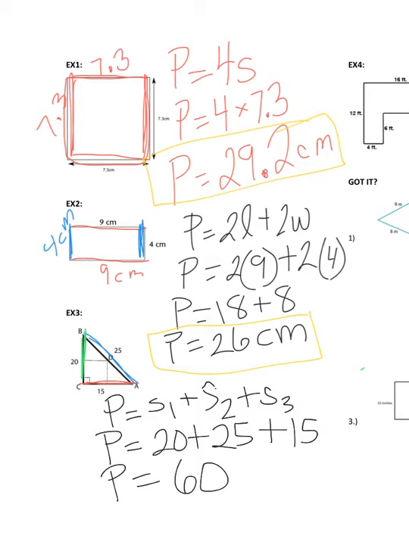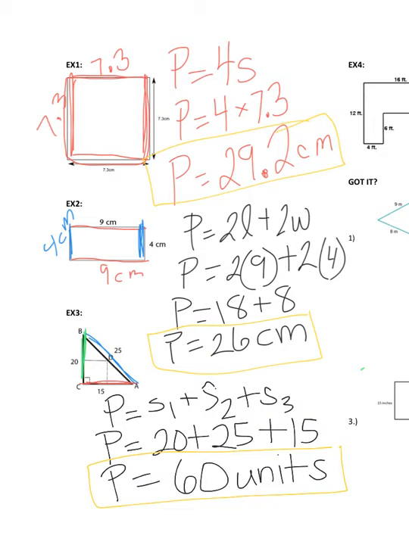So 60, but then there's no units. So keep that in mind, that if they don't give you an actual measurement system, then you need to go back and think about, well, we are measuring in units, so we just don't know the exact units. So in this case, I would just say units, because it is the measurement. So perimeter would equal 60 units.